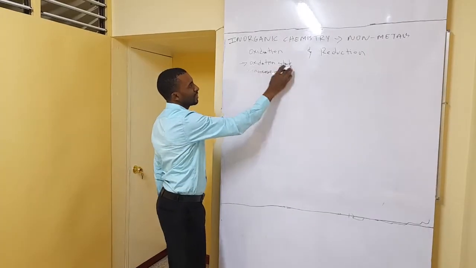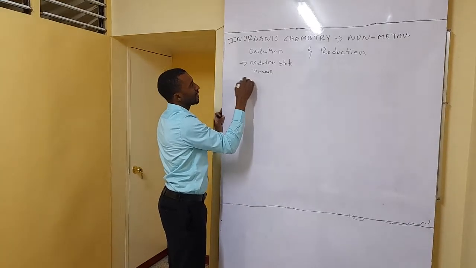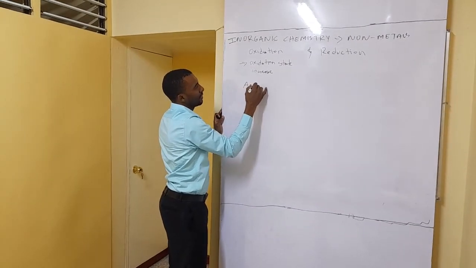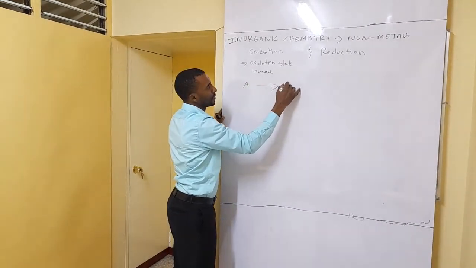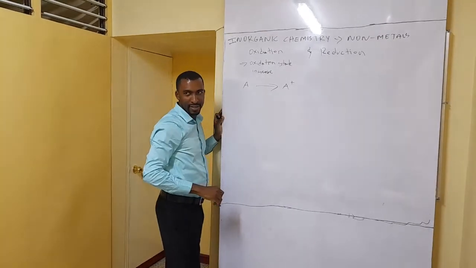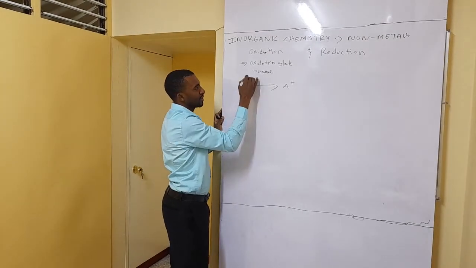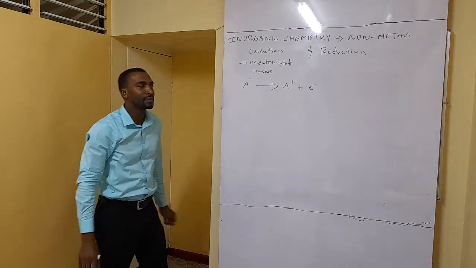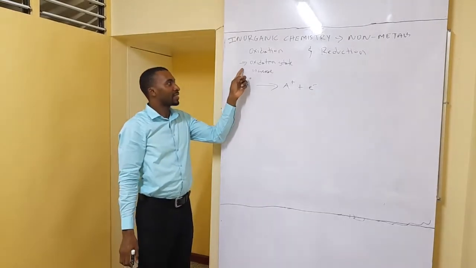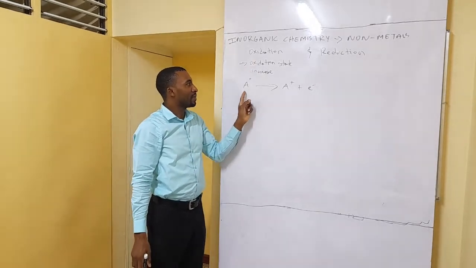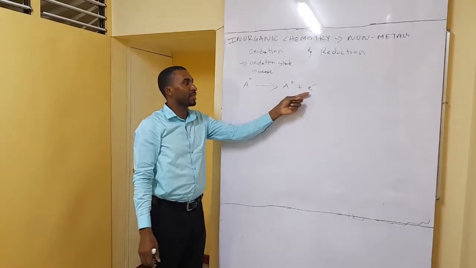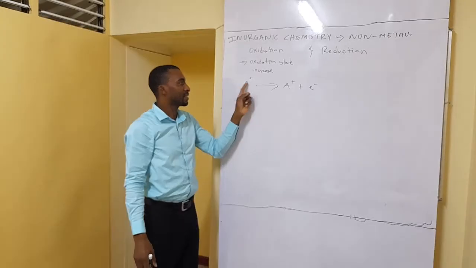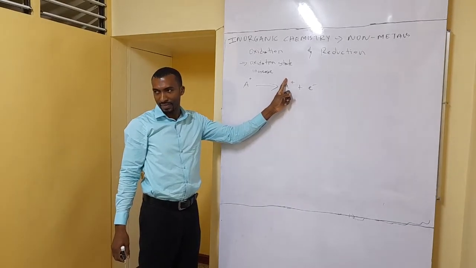So the oxidation state increases, so it means that A would go to A plus. That's oxidized, right? So the oxidation state goes from 0 to plus, plus an electron. It simply means that if the compound is oxidized, it will be losing electrons, and the oxidation state increases. Right?